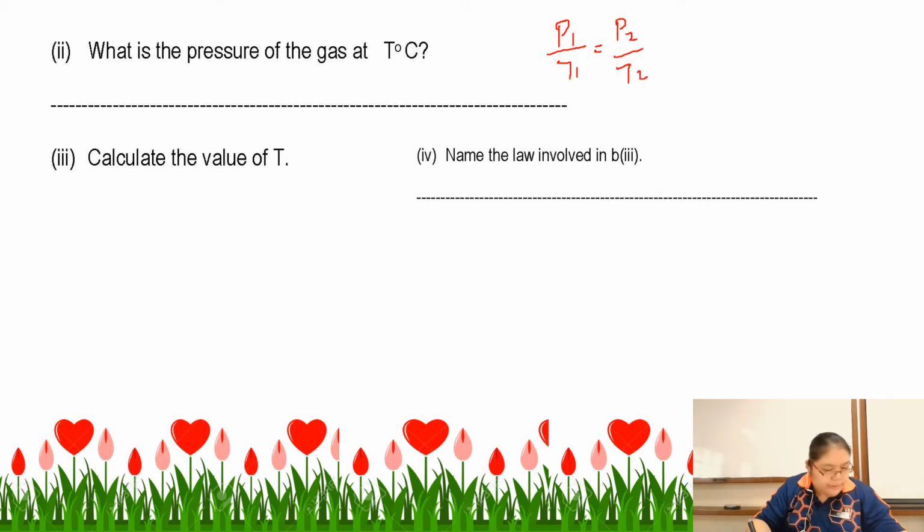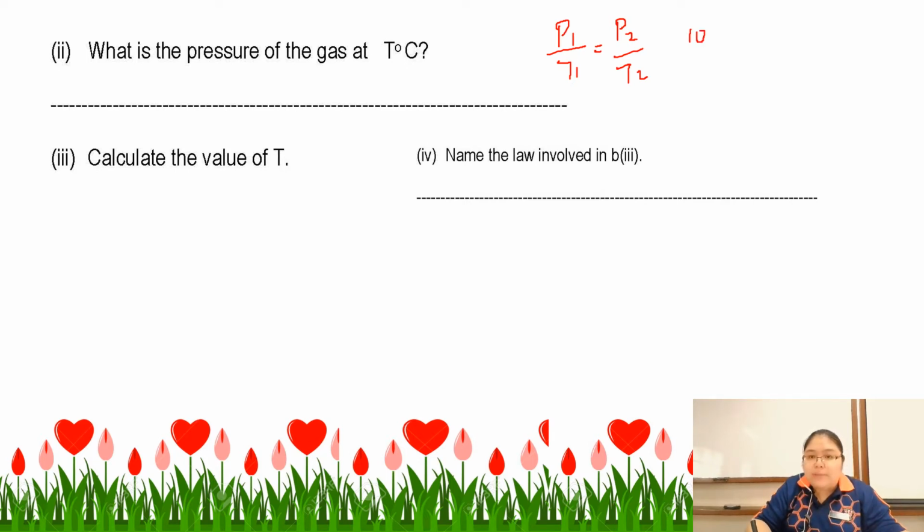From here, we first need to know P1. P1 from the question, we get it as 100. We did the calculation already; you can refer to question 2, A2, when they asked for the pressure of the gas tank. We found the gas tank is 100.